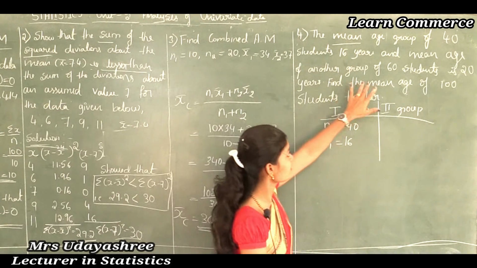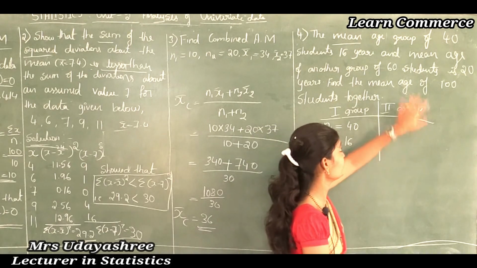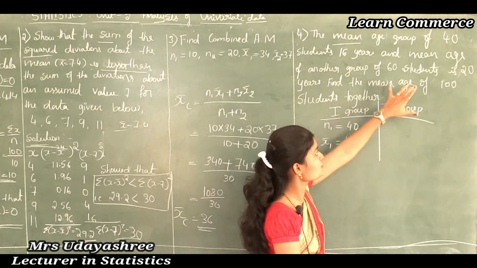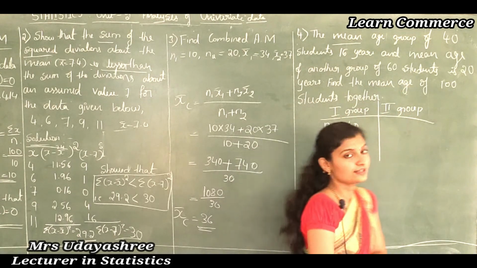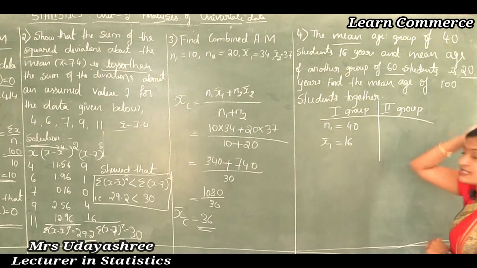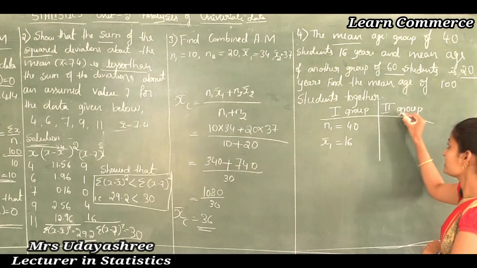Next, let's see the second group of observations, that is the mean age of another group of 60 students is 20 years. See here, 60 is the number of observations and 20 is the mean of this group.